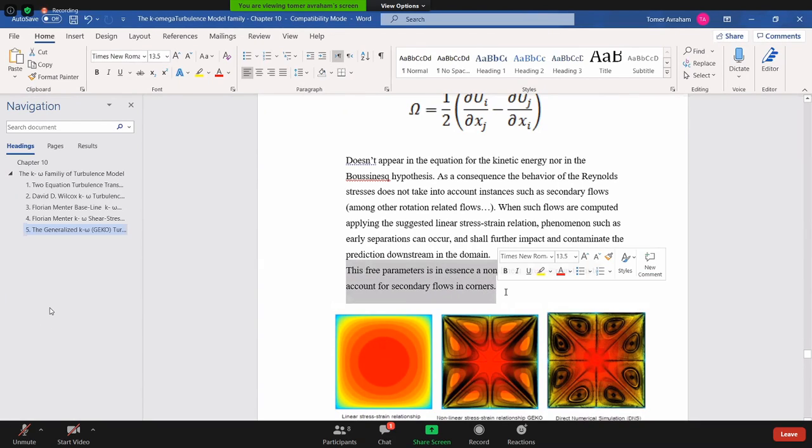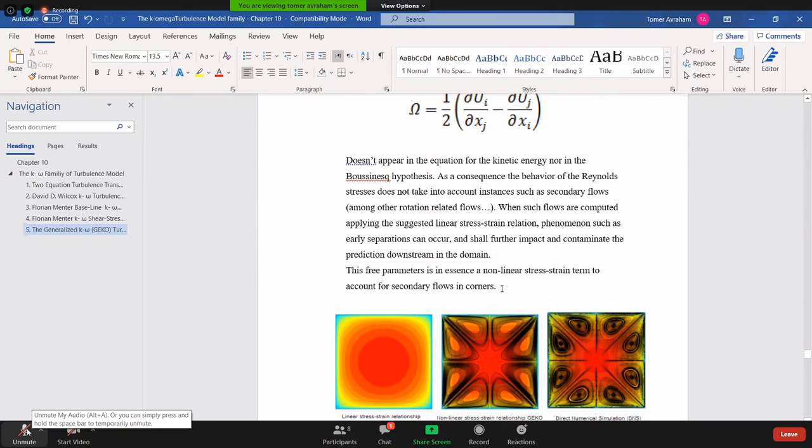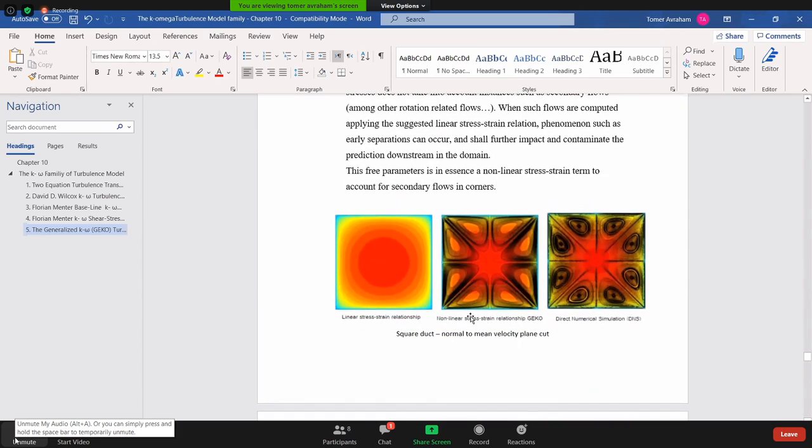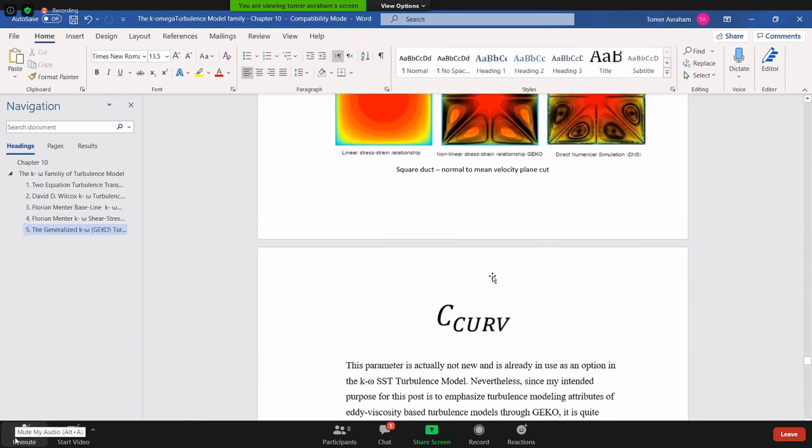Stiffness is a problem, which means that numerical stiffness may cause divergence very quickly. Because of that, it's very hard to solve problems with Reynolds stress models. So either use the EARSM, or you can use a nonlinear stress-strain relationship in Gecko. You have this option.